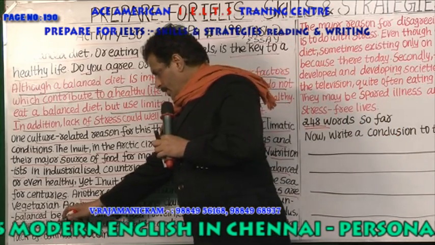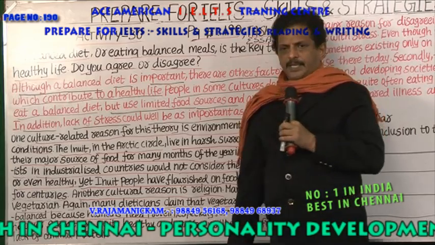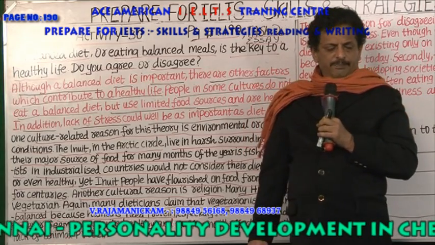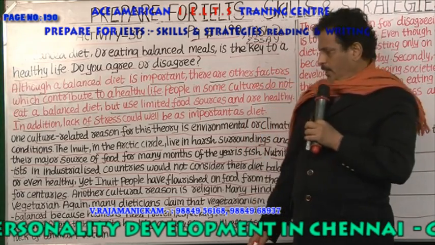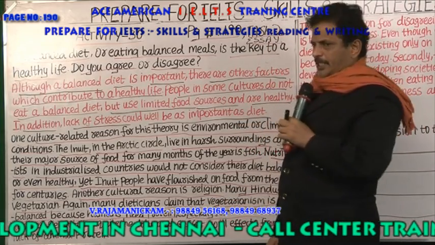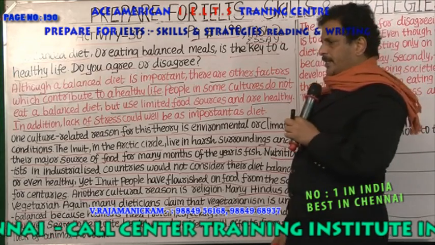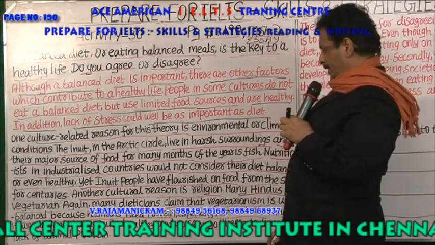Why? Because humans need protein. They say human beings need protein to have a healthy body, especially from animals. So protein from animals is very important. That's what many dietitians say. But most of the Hindus are vegetarians.